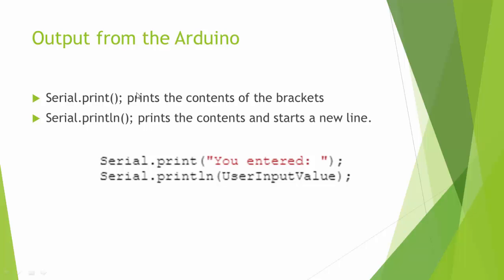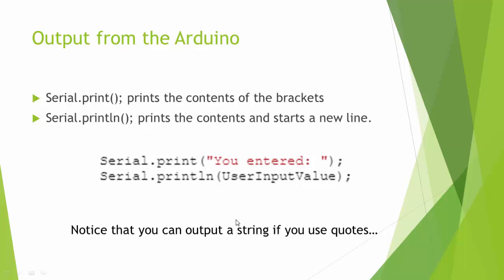So we might do a trick like Serial.print("You entered ") and then userInputValue. In this case, userInputValue, of course, is a variable, so it's printing the contents of a variable. But the line above it merits some discussion. Because we put this in quotes, it'll just print the contents of the quotes exactly.